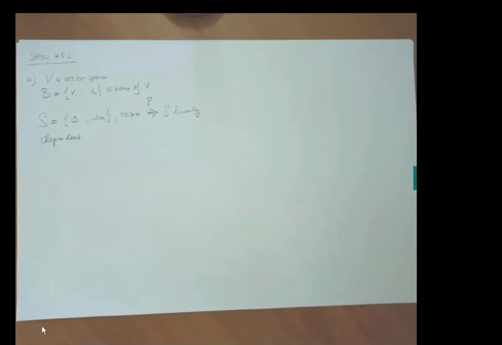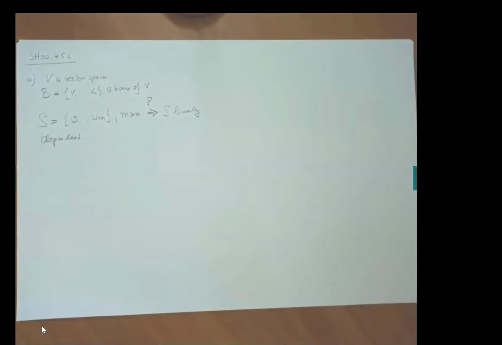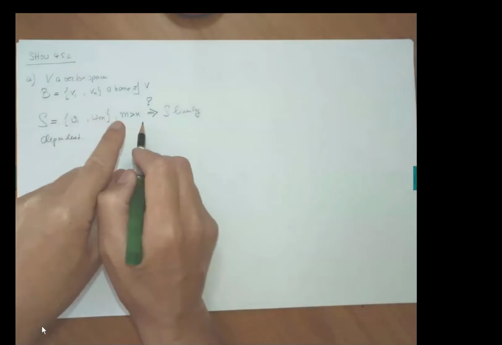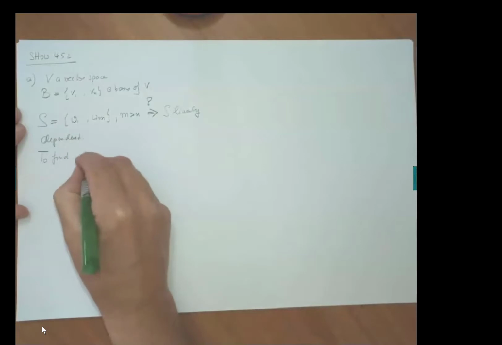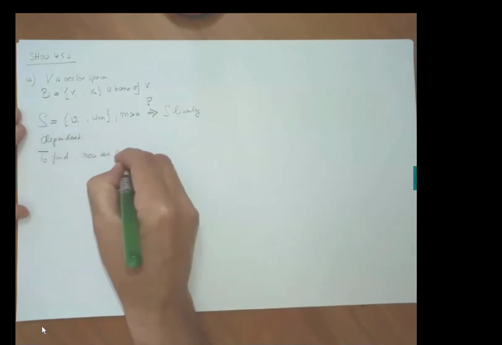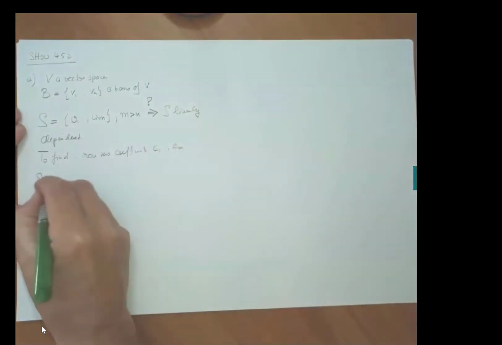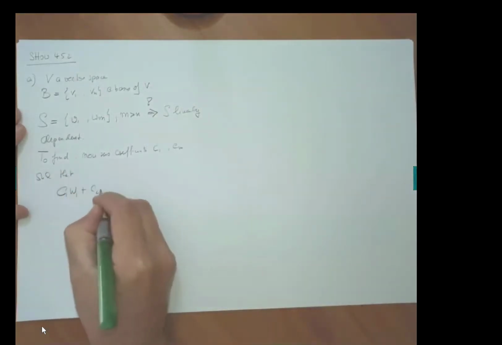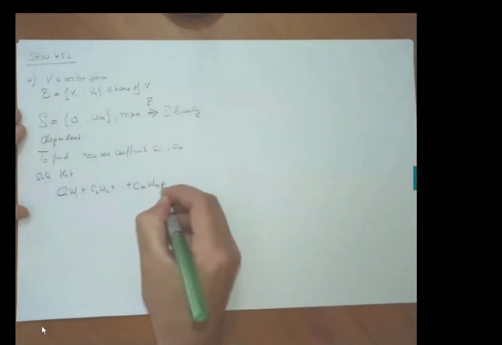Okay. So how do we show linearly dependent? That means we have to find non-zero coefficients, let's say C1 to Cm, such that C1W1 plus C2W2 up to CmWm is equal to 0.